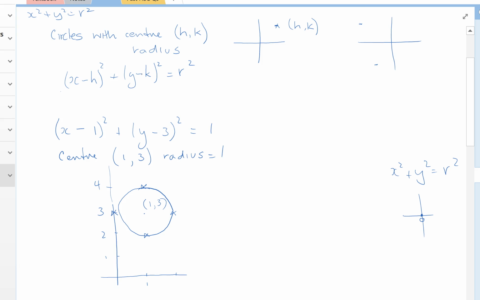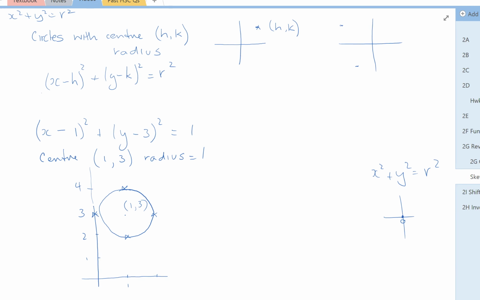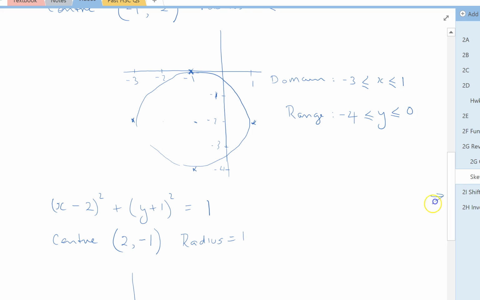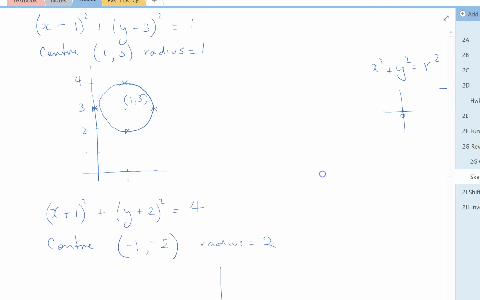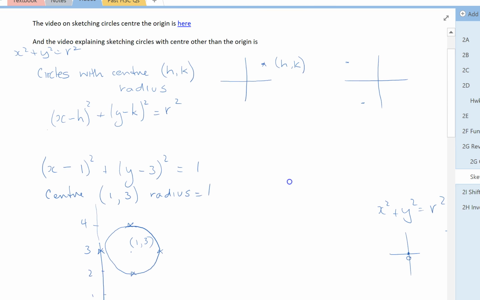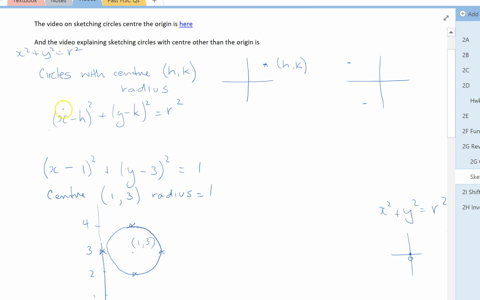And actually, when you have done exercise 2i, which does go on to shifting and reflecting known graphs, I know you can't see all of that, but when you've done that exercise, this is going to make so much sense.